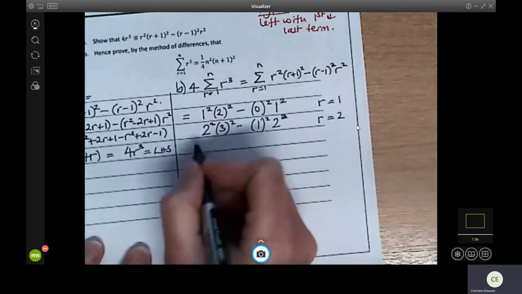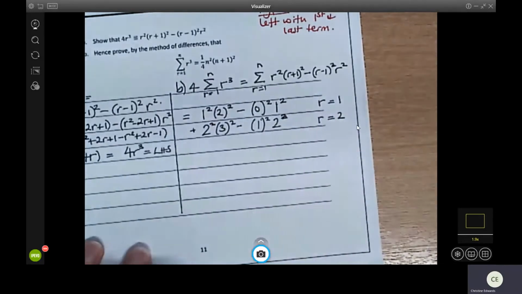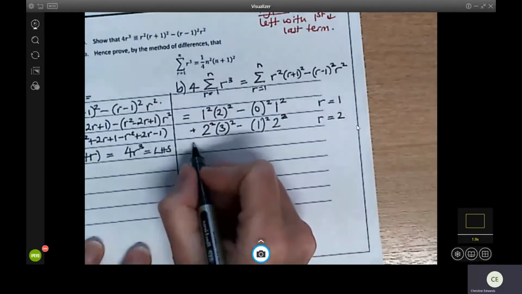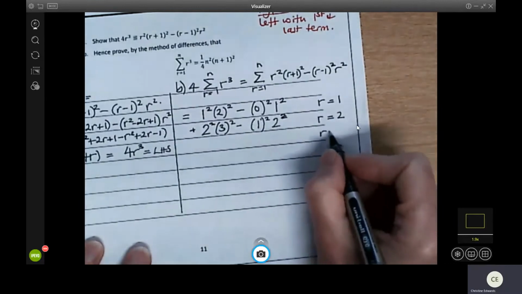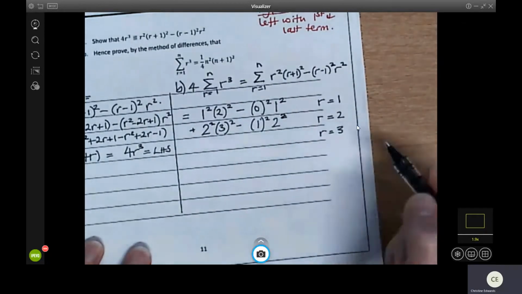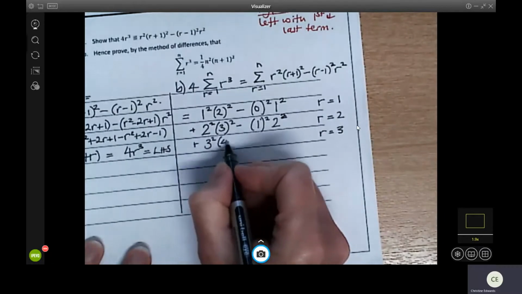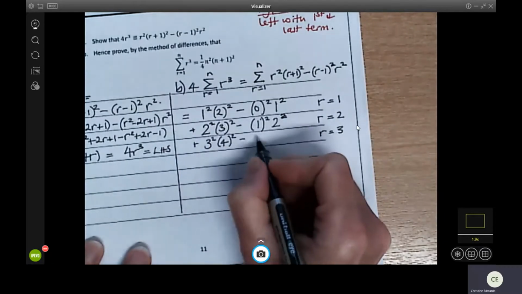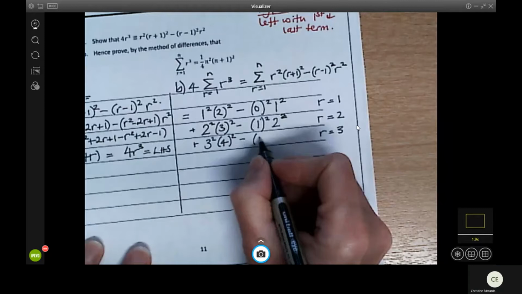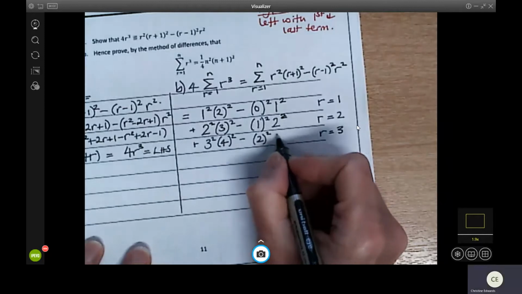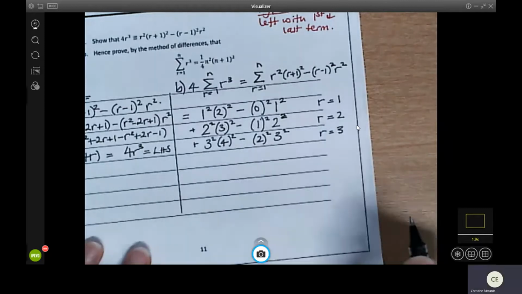Now, strictly speaking, I'm adding the terms together. Let's do r equals 3. So we get 3 squared 4 squared minus 2 squared 3 squared.